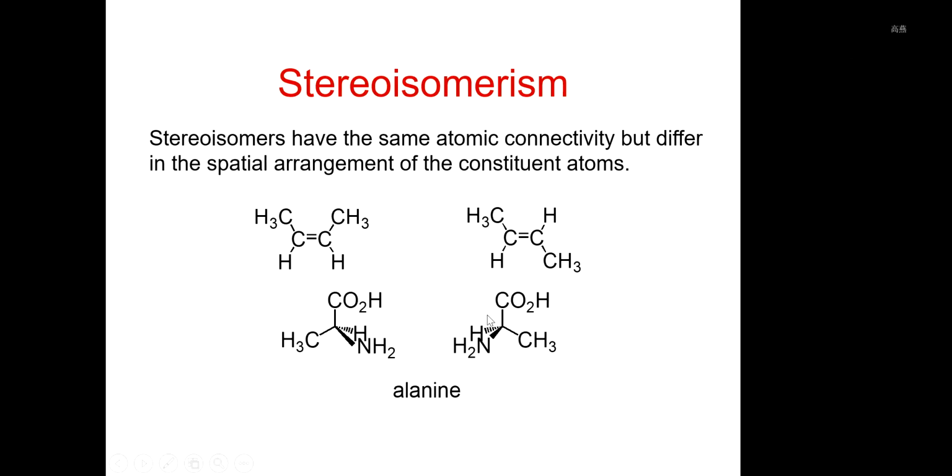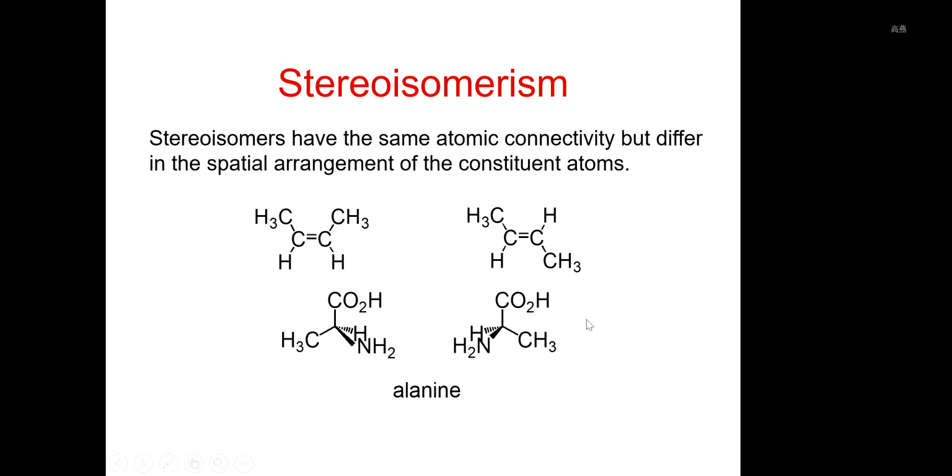And this is alanine. It's one of the simplest amino acids, called alanine. These 2 compounds both have stereoisomers, but they vary in the difference of the spatial arrangements.